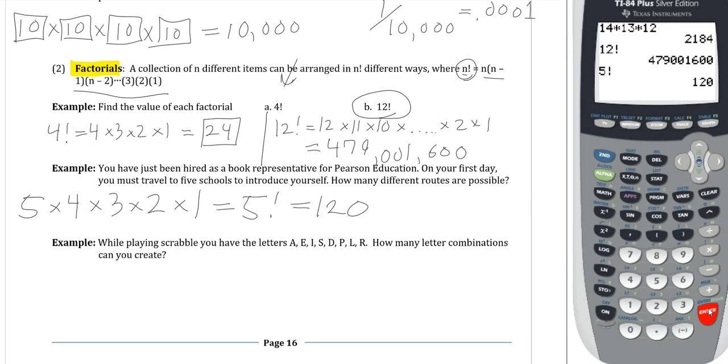While playing Scrabble, you had the letters A, E, I, S, D, P, L, R. So that's 8 characters. How many letter combinations can you create? Now we're not considering if they create actual words, we're just combining how you would order these 8 letters. Therefore, that's going to be 8 times 7 times 6, or 8 factorial.